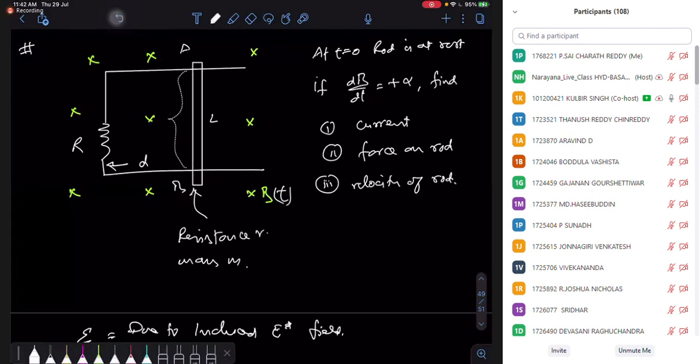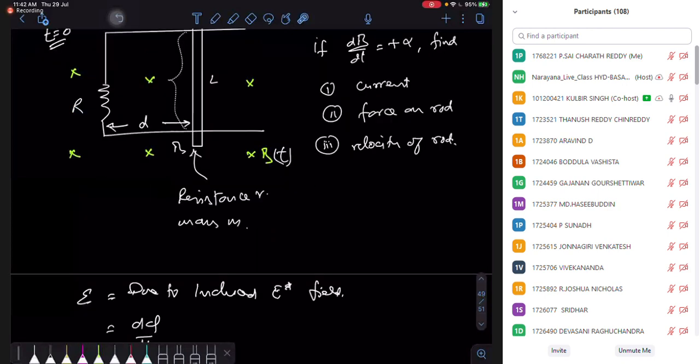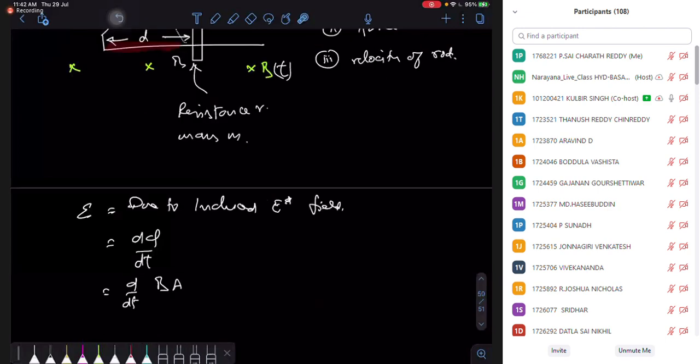This side is going to keep on changing. So at time equal to 0, I can consider the initial area, where one side is L and the other is a. But is this gap going to remain the same forever?